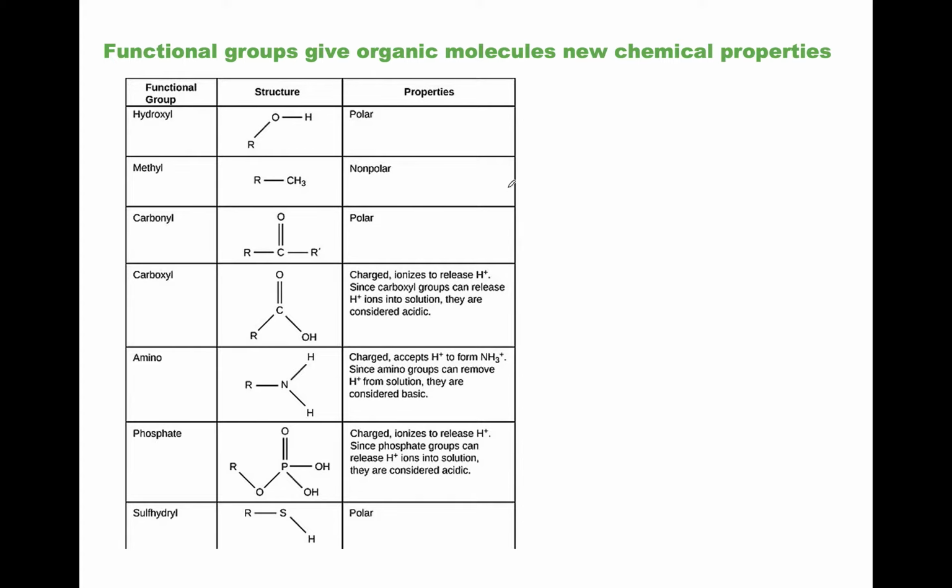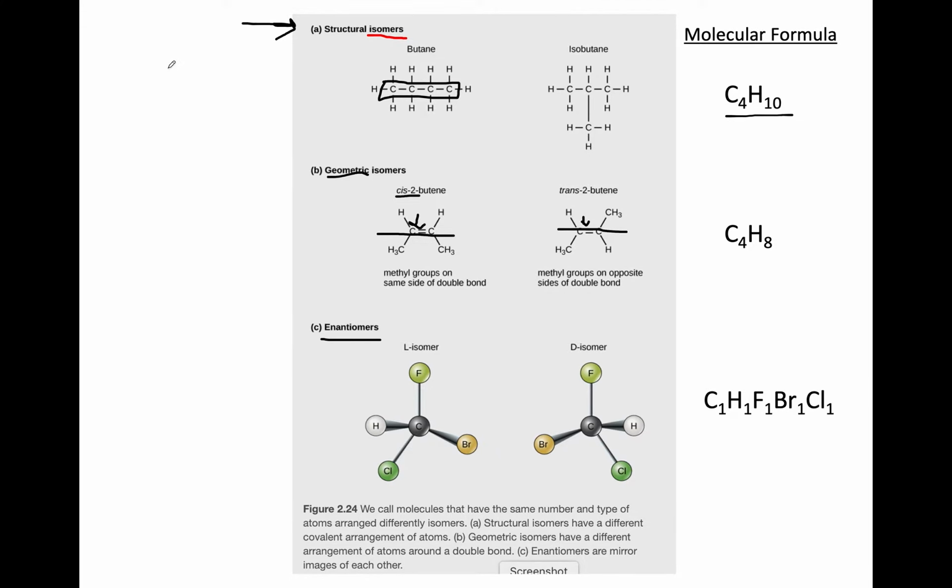Okay, so now we switch to the topic of functional groups. We just finished talking about all sorts of different ways that we can make carbon-based molecules interesting and give them different properties: in arranging the bond, carbons around the bond, in changing the position of these atoms, in forming enantiomers.